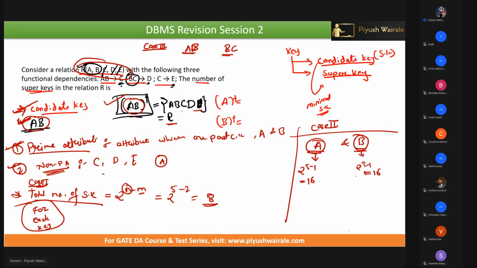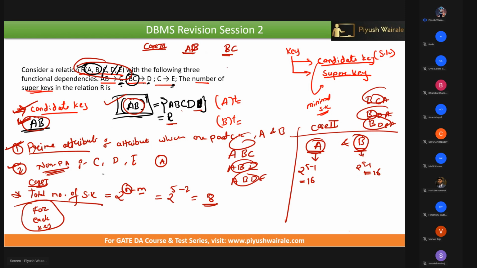But if you observe, if I take A as a key, then ABC will be my super key, ABD will be my super key, ABDE will be my super key. In the case of B also, BCA will be my super key, BDA will be my super key, BDEA will be my super key. So all these are basically repetitions, you can see in both. So we need to subtract those combinations here, right? So how can we do that?